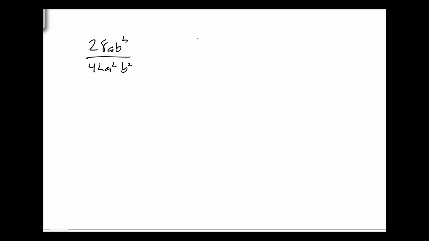Let's do a plus b quantity squared over 3a plus 3b. And let's do one more. Let's do a squared minus b squared all over a minus b.